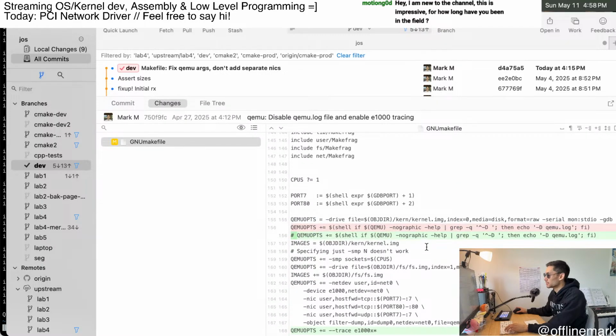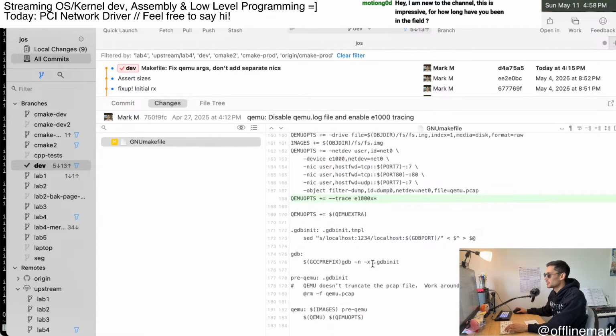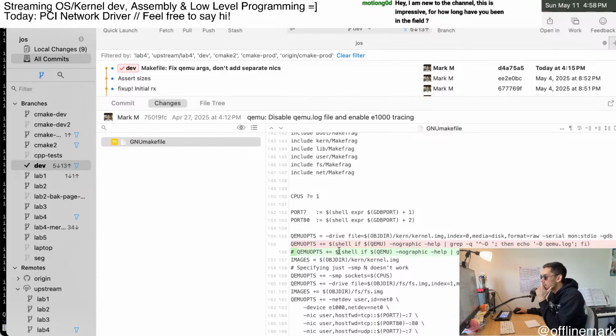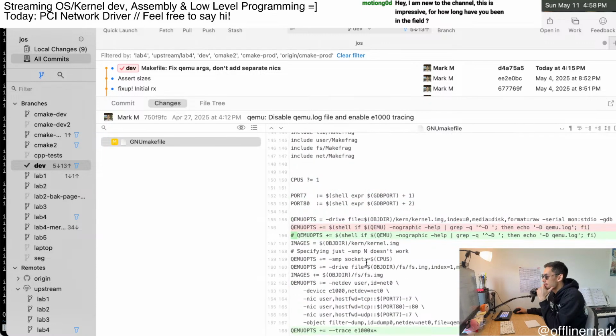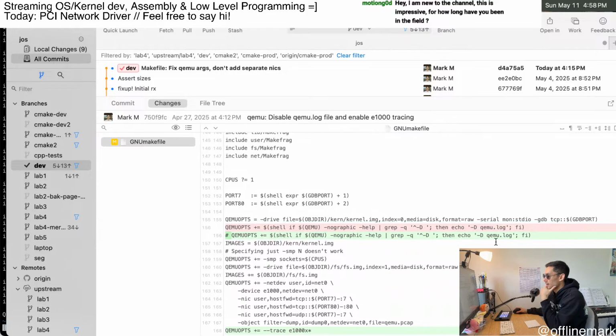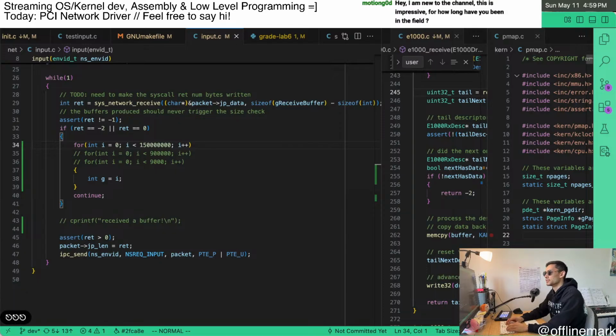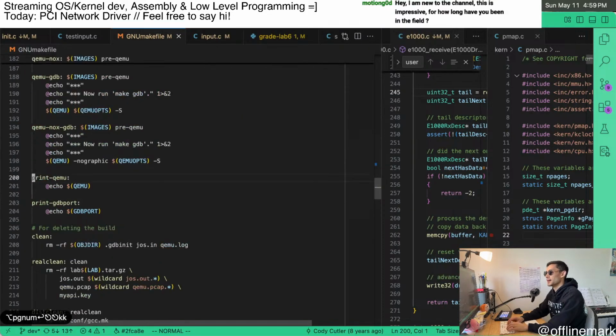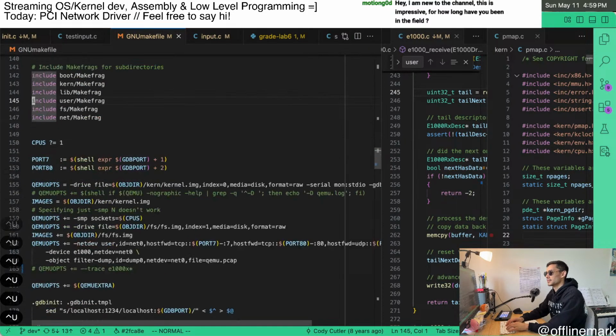Yeah, I actually disabled this. Or did I? We used to have this thing that adds this -d QEMU log. I'm going to add that back now, actually. The reason I removed that was because I think it was actually suppressing the trace messages.